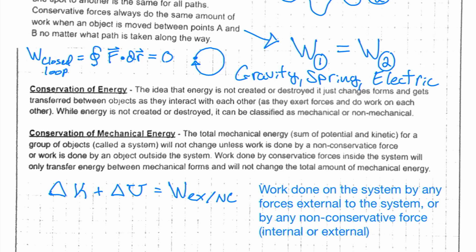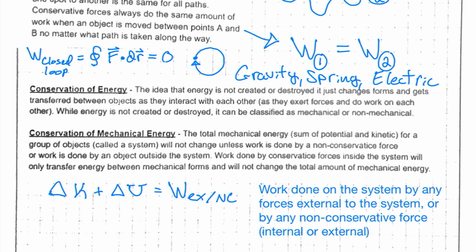All right, this leads us to that big idea that James Joule came upon, conservation of energy. The idea that energy is not created or destroyed, it just changes forms and gets transferred between objects as they interact with each other. When objects interact, they do so by exerting forces, and we know Newton's third law says forces are equal and opposite in direction between the two objects. And so if they exert a force over a distance, one of the objects is going to have positive work done on it.